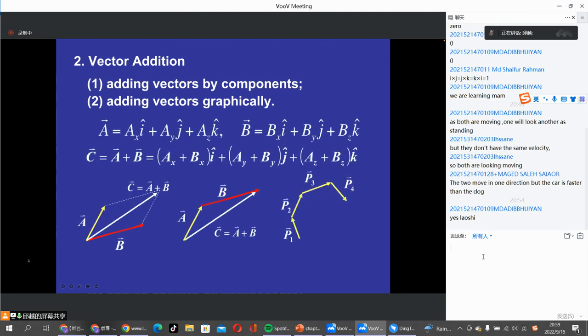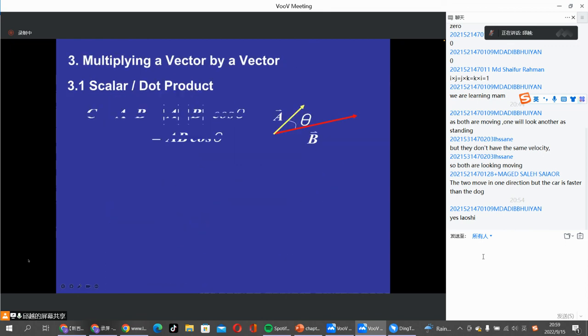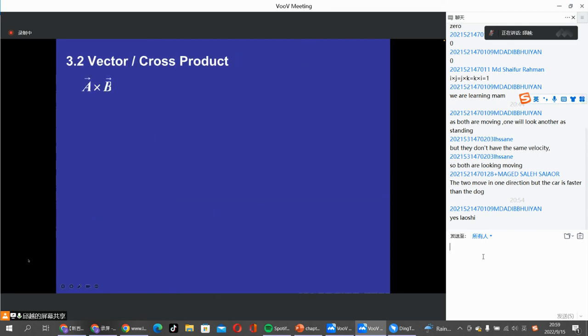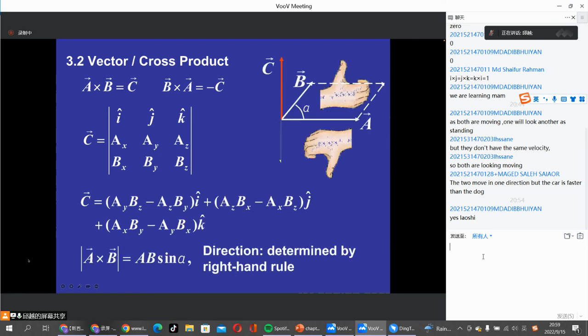There are two ways to add the vectors graphically. And then we learned about how to multiply two vectors. There are two ways to multiply vectors. The first way is to dot the vectors. The second way is to cross the vectors.